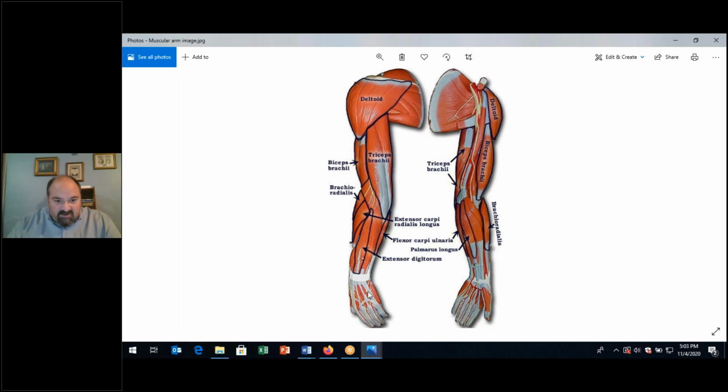So here's the ulnar side, extensor carpi ulnaris, and then you have flexor carpi ulnaris. The extensor and the flexor are adjacent to each other, and they're ulnaris because they're on the side of the ulna, which would be the medial aspect. Lateral to medial.